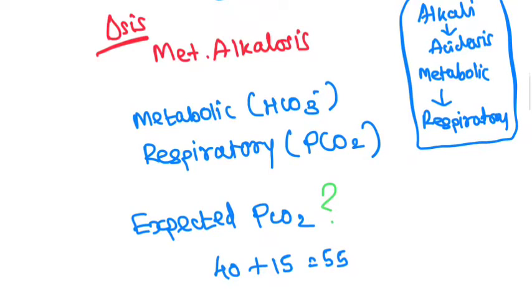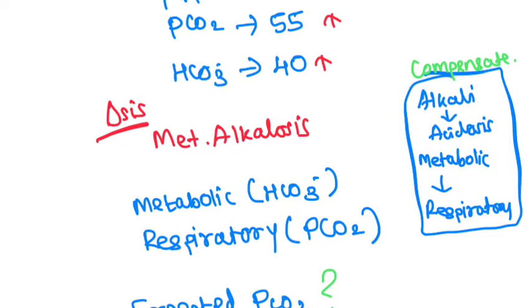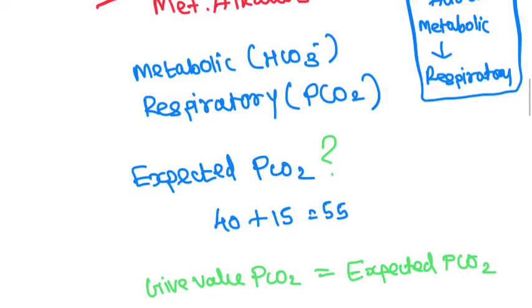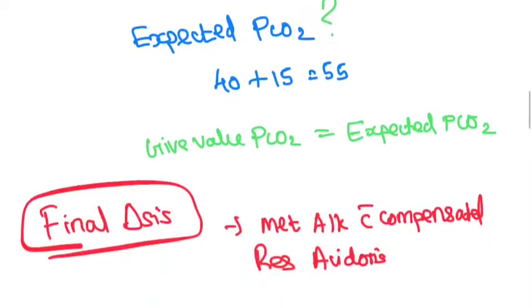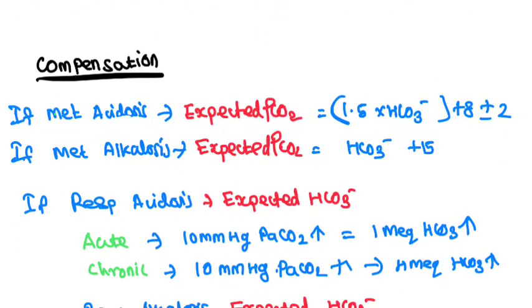How to check whether it is compensated or not? In the given example, our diagnosis is metabolic alkalosis. Compensation is respiratory acidosis. Respiratory indicates PaCO2, so we should calculate the expected PaCO2 value. Expected PaCO2 is calculated using this formula: HCO3 plus 15.